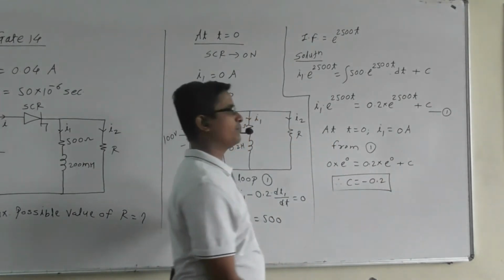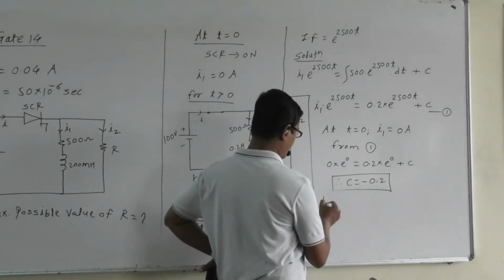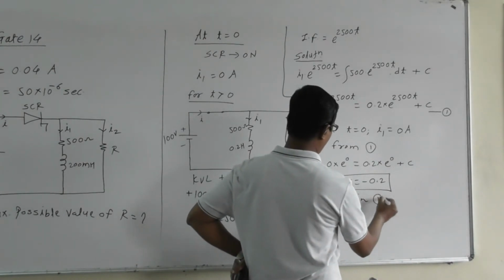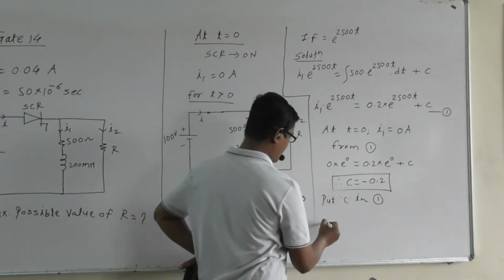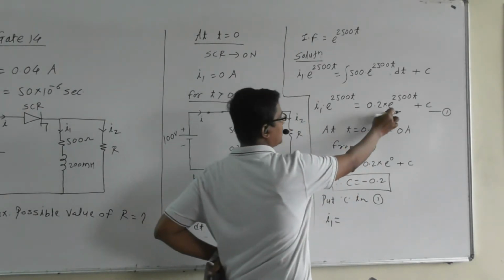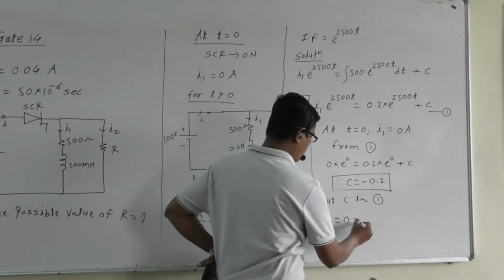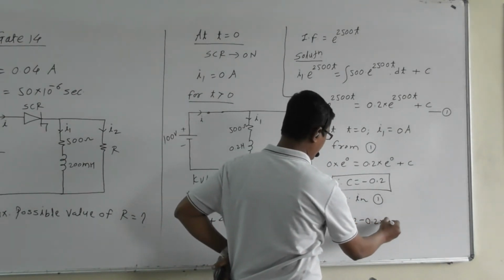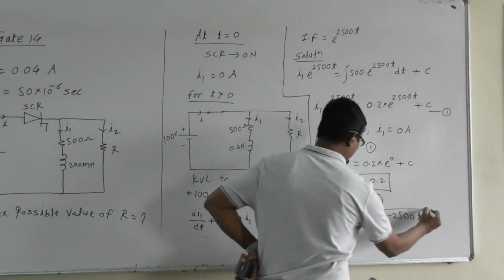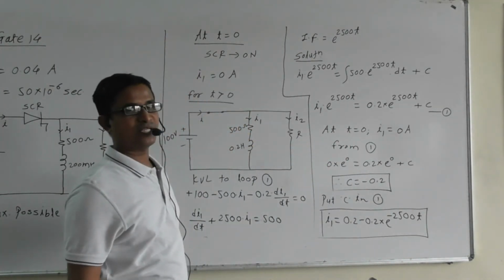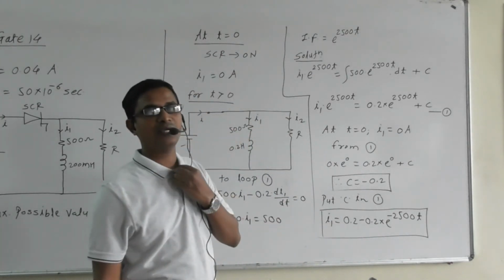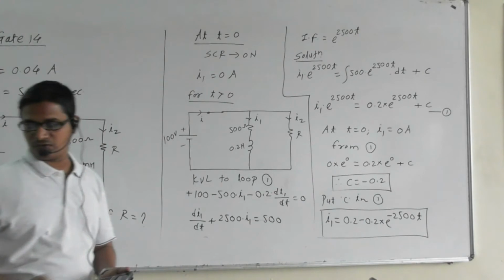Putting this c in equation 1 and simplifying, I1 is equal to, dividing e to the power 2500t to the right hand side, 0.2 minus 0.2 into e to the power minus 2500 into t. So this is the expression for current I1.